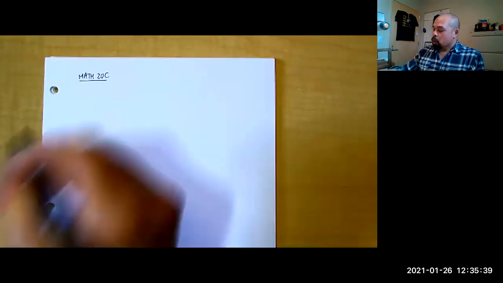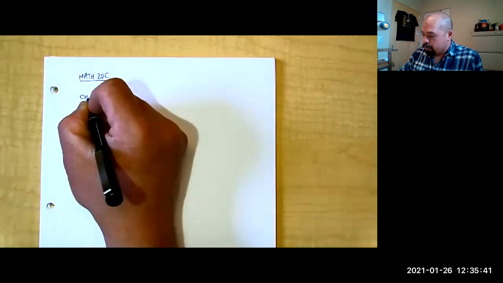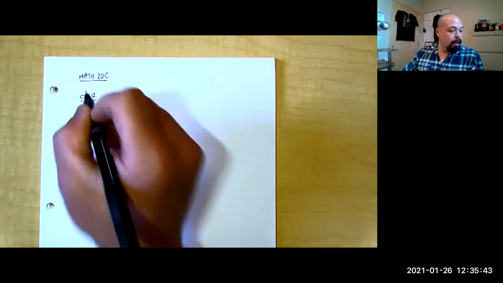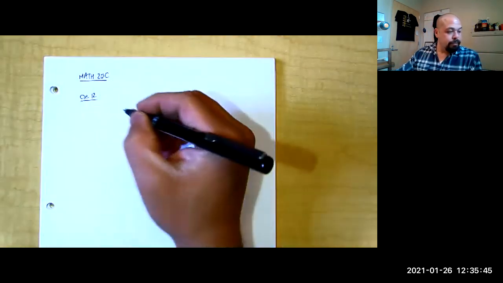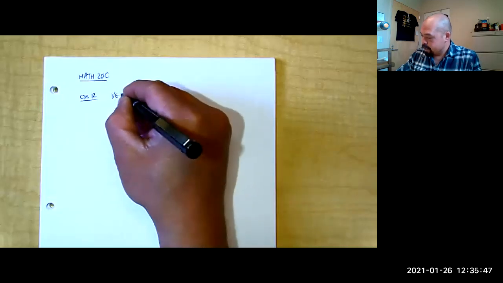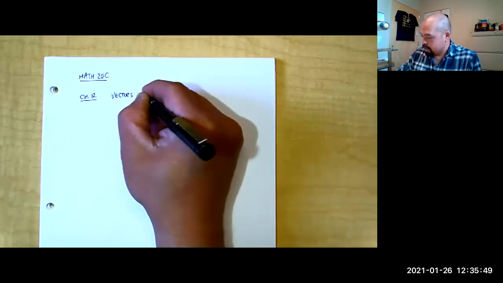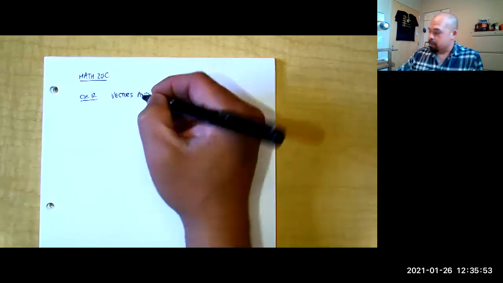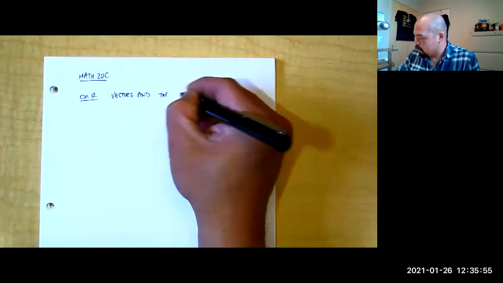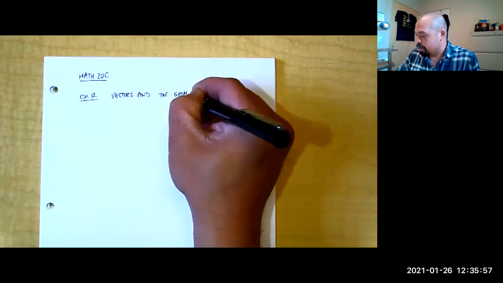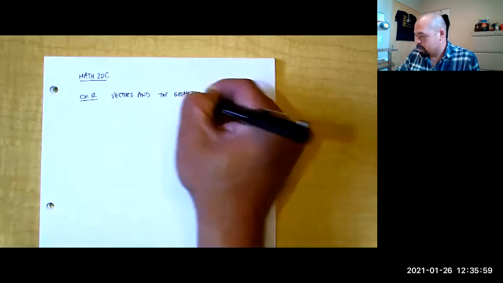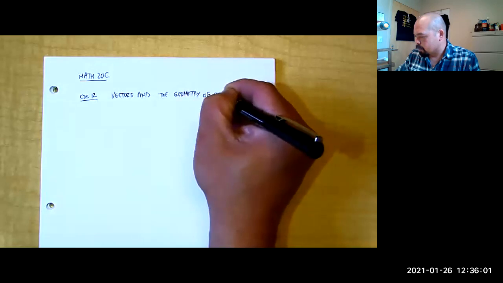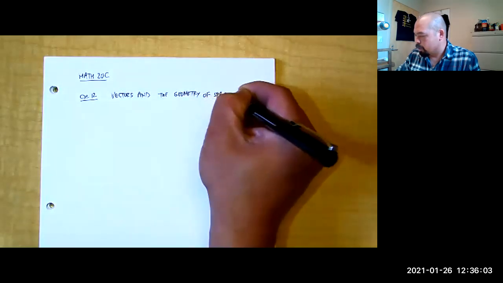All right, so Math 20C, we're going to start in chapter 12 of the text, and that's dealing with vectors and the geometry of space, getting used to some of the different coordinate systems that we'll be dealing with.